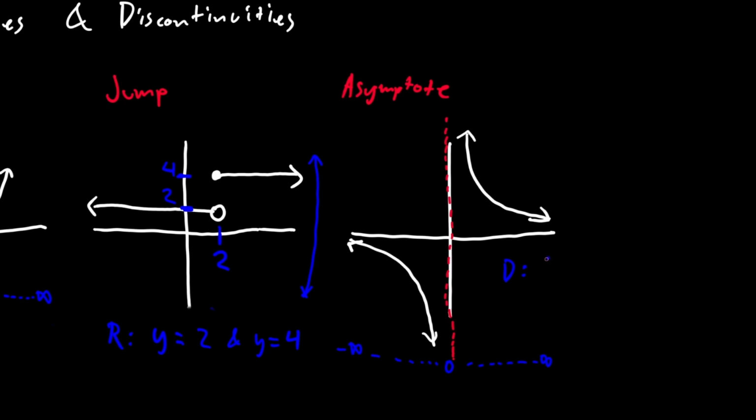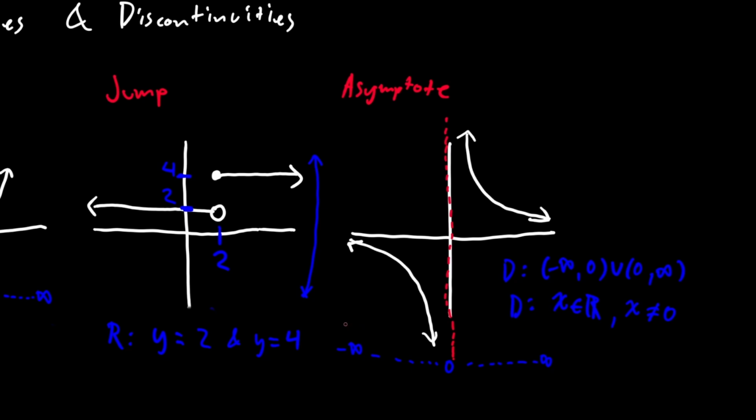We can write that as -infinity to 0, union sign to connect the two, and then 0 to +infinity. And in inequality notation, we can say that x is an element of all real numbers, but x cannot equal 0.